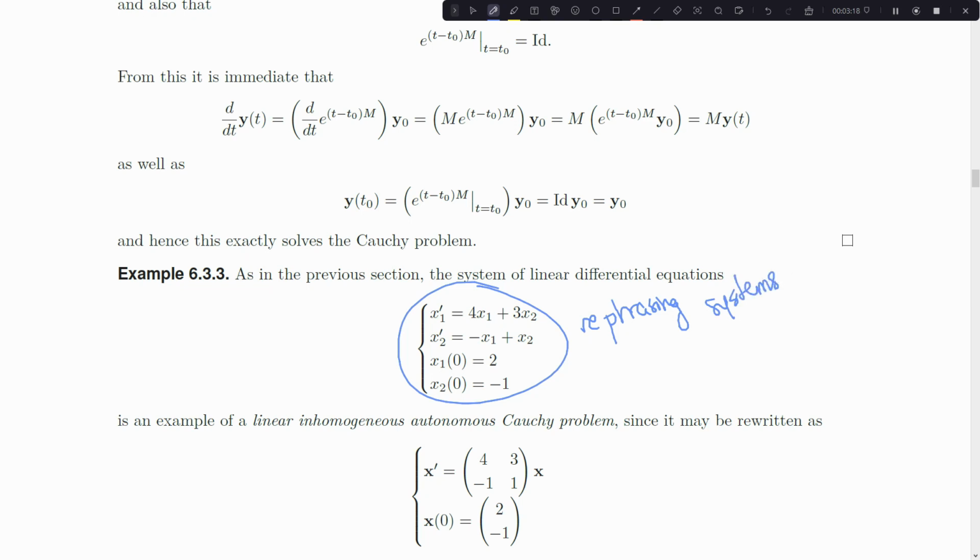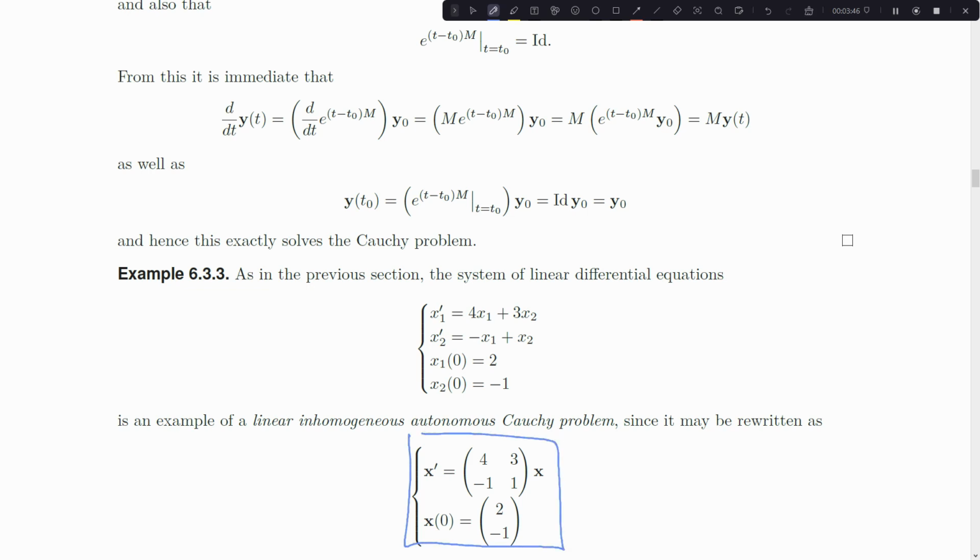systems of ODEs as vector valued ODEs, right? What we're doing is we're reconsidering the system as vector valued ODEs. Now I just have a vector prime on the left, a vector on the right, and some matrix between the two of them. Because in this sense, this is a Cauchy problem.